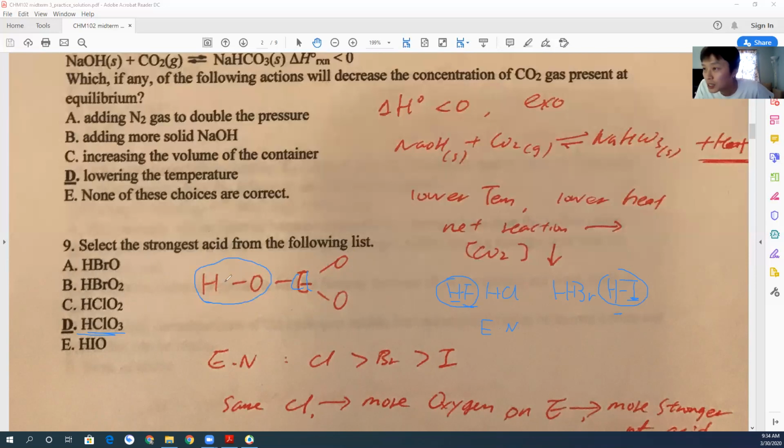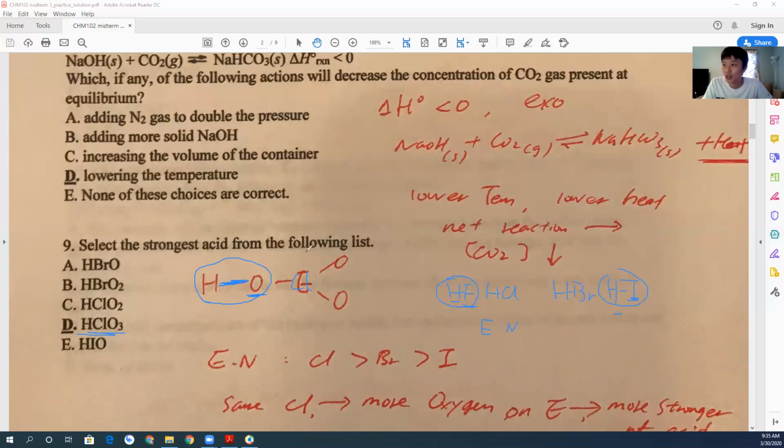The bond strength of this H-O bond is determined by what is attached to this oxygen. The more oxygens we have on this non-metal, and oxygens are very electronegative, the more electrons will be pulled away from this H-O bond region.